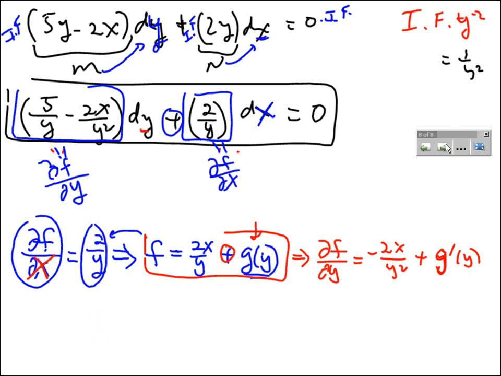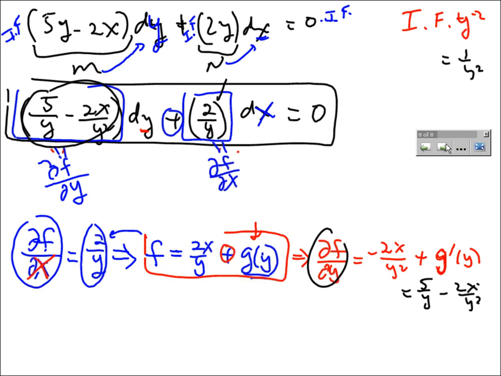Which, we know what it's supposed to equal. We know what df dy equals. It equals this. It equals 5 over y minus 2x over y squared.